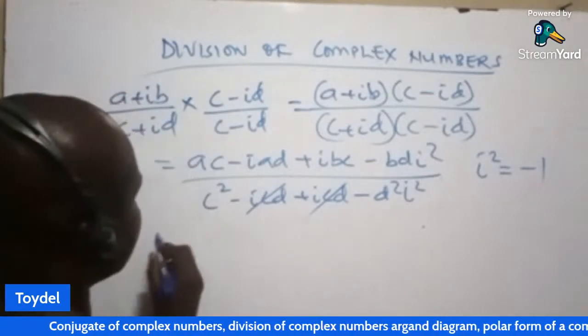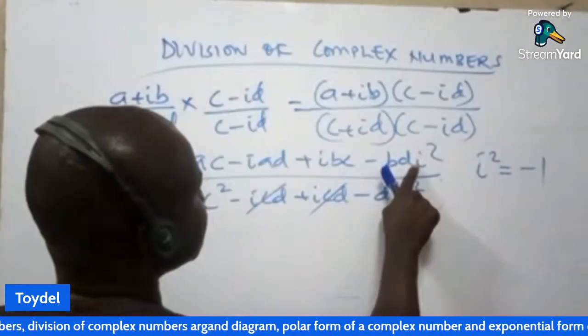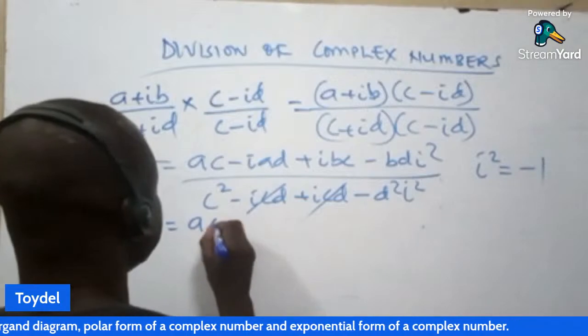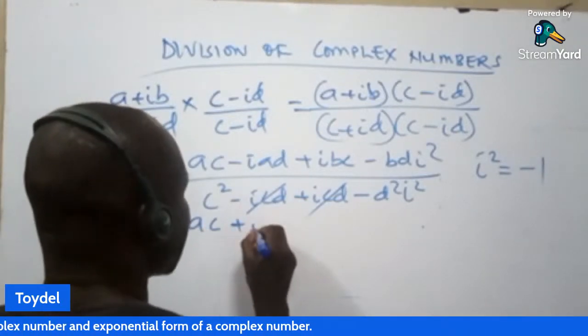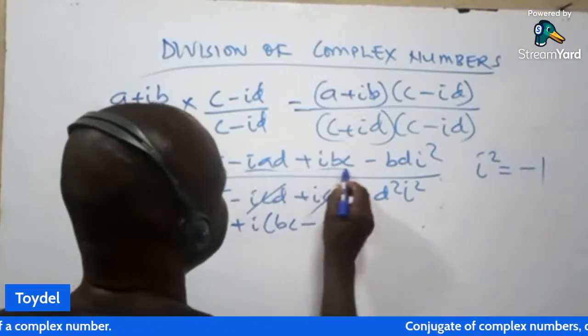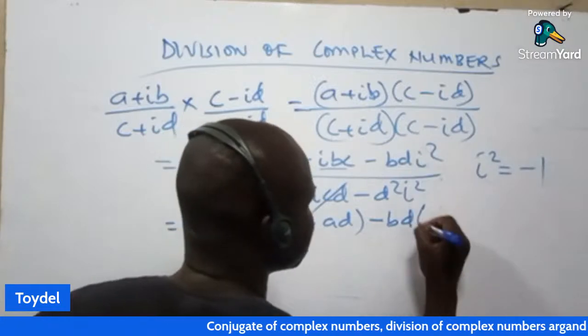So in this case now, what do we do? Look at the effect of this. i squared is equal to minus 1. So if I change this, I'm going to have ac minus, I can say plus i into bc minus ad. I try to rearrange this, then I will have minus bd i squared here, and i squared is equal to minus 1.